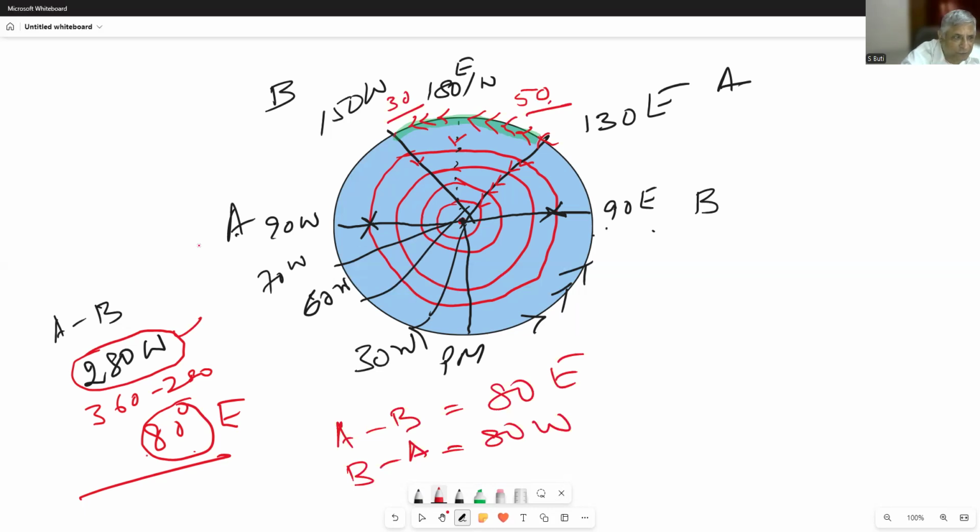And if this was west, your answer will now be east. These are some of the questions where people tend to make mistakes. So since they are in two hemispheres, add them up. If your destination, second place, is west, write west, second place is east, write east. But when you subtract, after that, change this annotation, and you will get your correct answer.